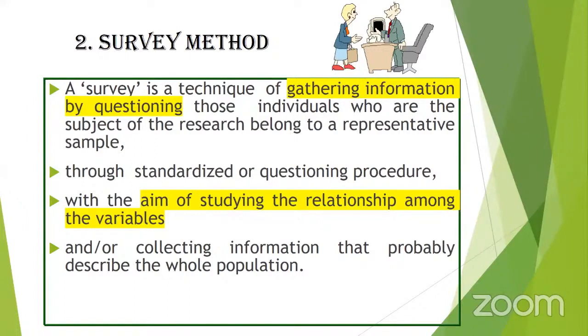So if you are asking two or three variables, they can be compared with each other also, right? So it can be descriptive type of questioning, or it can be questioning where you can make different subgroups, and then you can analyze between the groups also, the relationship among the variables also, and collecting information that will describe the whole population.